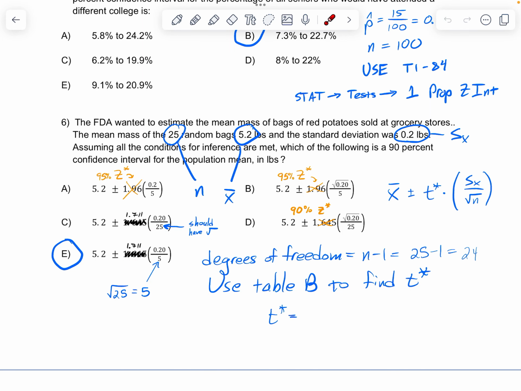Just a quick little side note, these are clever distractions because these come up a lot. 1.96 is the z-score for 95%. And you might just think, I think I've seen that before, that could be it. But don't be distracted by these. And then even more so, 90%, you say, ooh, 90%. The 1.645 is the z-star for 90%.